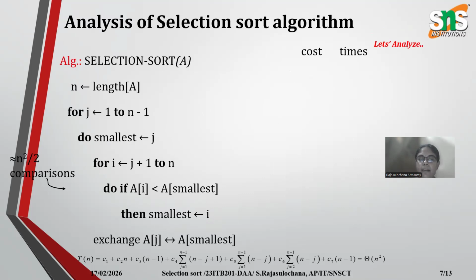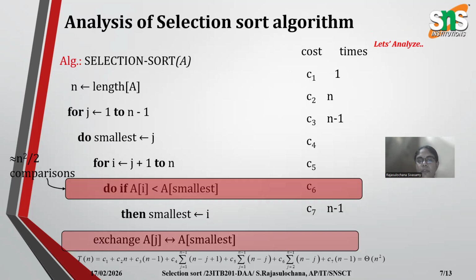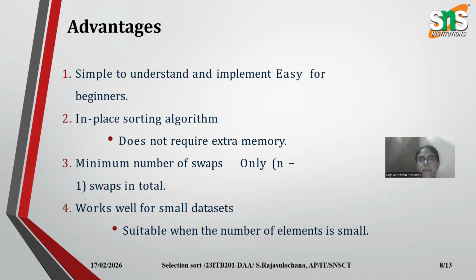So it requires n squared by 2 comparisons. So on the average case and the worst case, the time complexity of selection sort algorithm is order of n squared. Here, this represents the number of comparisons required. And the advantages of selection sort algorithm are that it is very simple to understand and easy to implement for beginners.